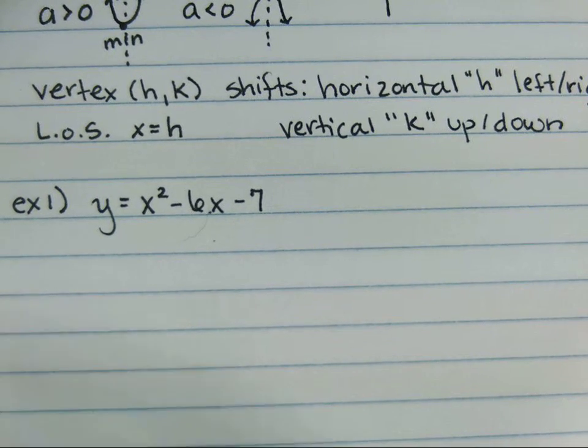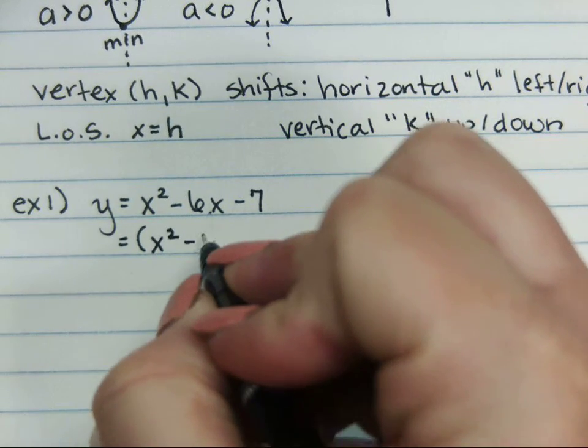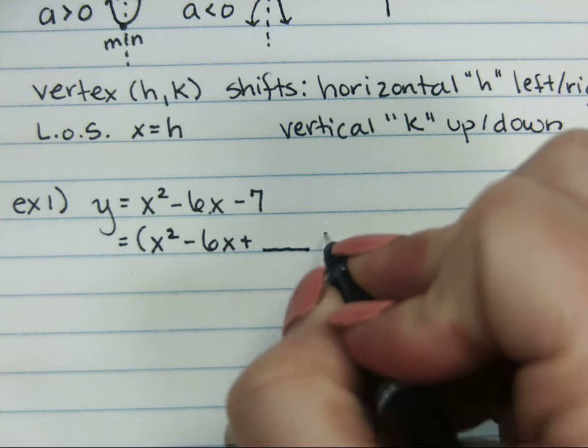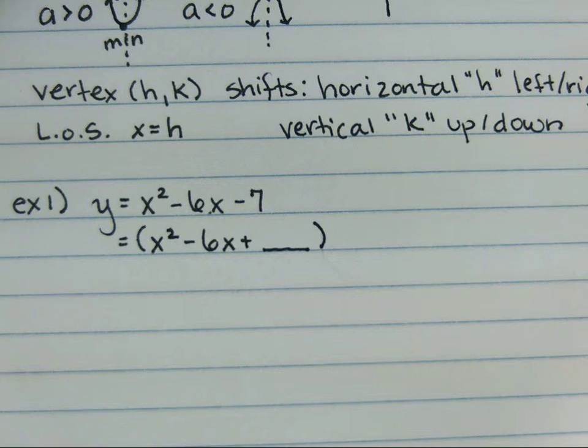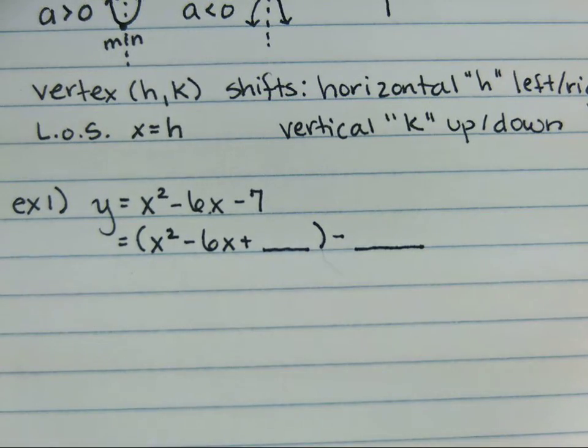So what we're going to do is isolate our two terms with the variables. I want to add something to this to create a trinomial that is going to be a perfect square, but because I'm going to add something, I also need to subtract so that I keep my equation balanced.